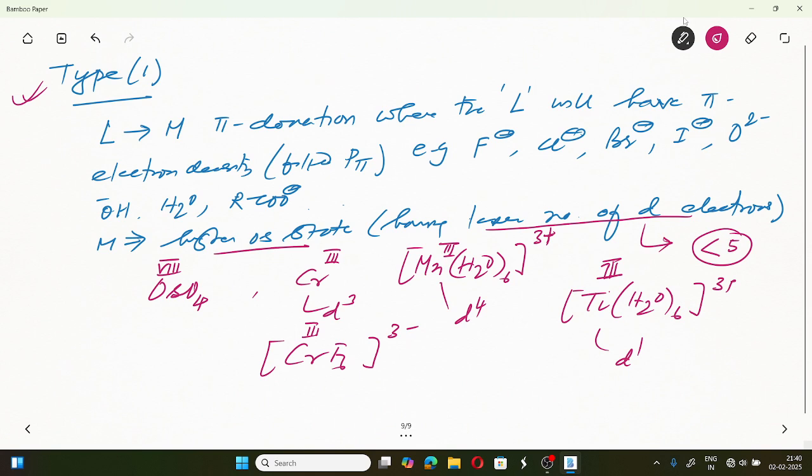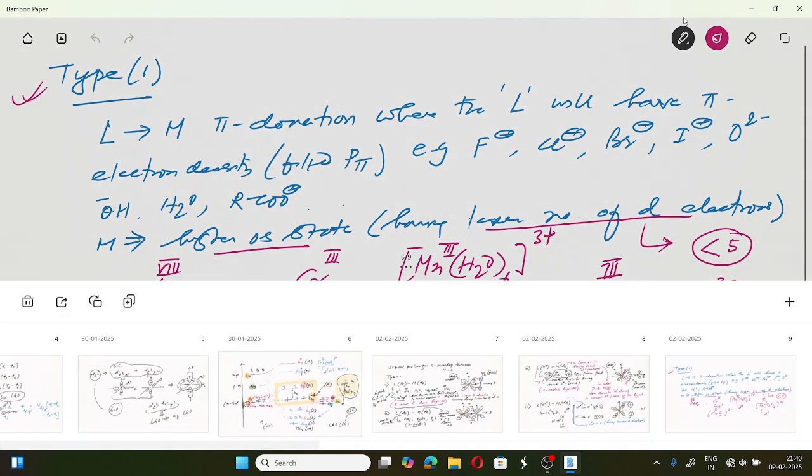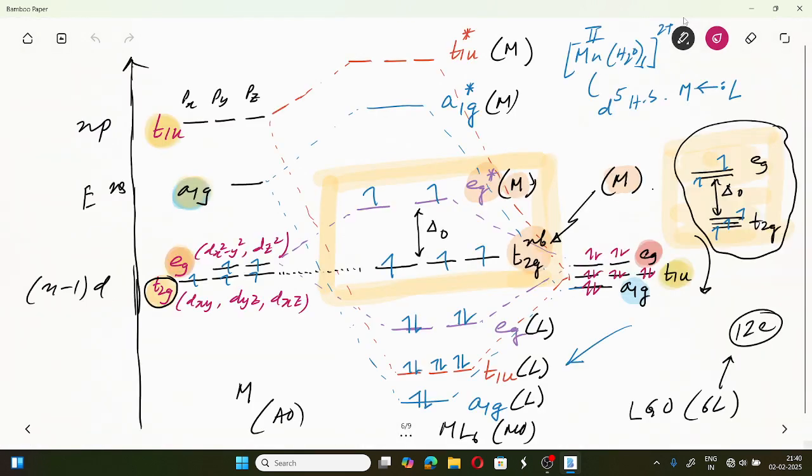And how to explain this pi bonding? By using molecular orbital theory. See, as we have explained before, if you look at the MO energy level diagram, we have already mentioned that this T2G of metal should be involved in pi bonding, isn't it?